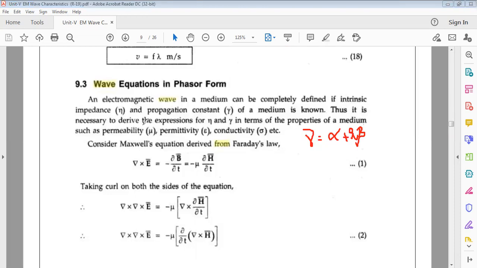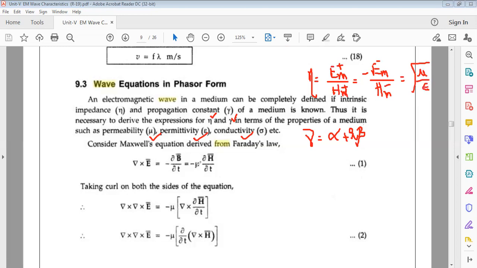Thus, it is necessary to derive the expressions for eta and gamma in terms of the properties of the medium: mu, epsilon, and the conductivity. Already we know the intrinsic impedance eta is equal to the ratio of EM plus by HM plus, which is equal to minus EM minus by HM minus, that is equal to the square root of mu by epsilon.